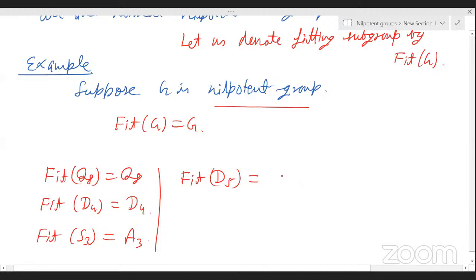D5 we have seen is not nilpotent. And as you can see, it has 2 generators X and Y, and the order of X is 5 and the order of Y is 2.